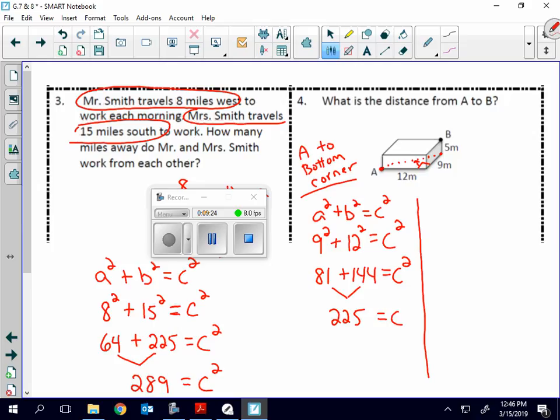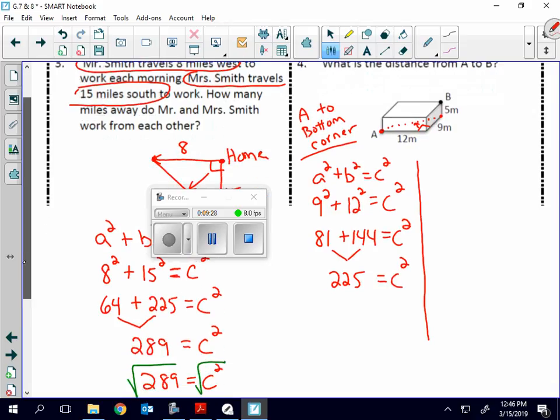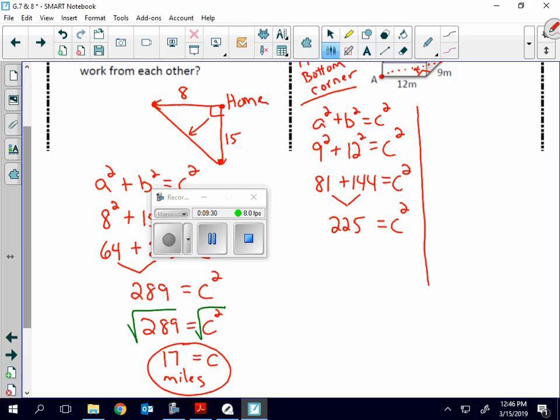They're on the same side, so I could add them. And then we need to square root both sides. So the square root of 225 is equal to the square root of c squared, giving me 15 equaling that hypotenuse of c.